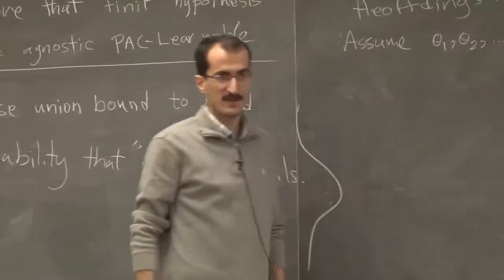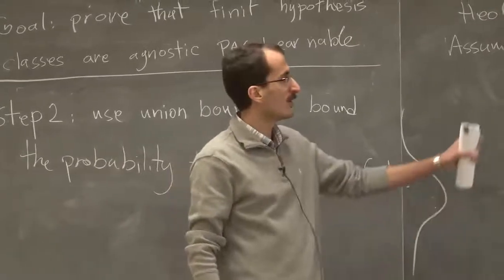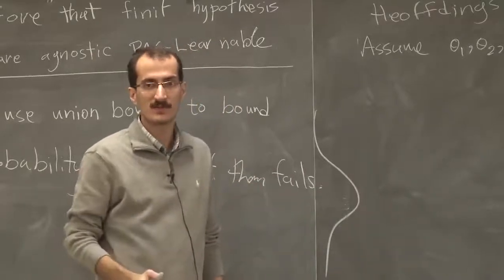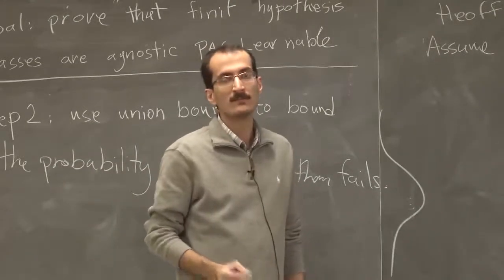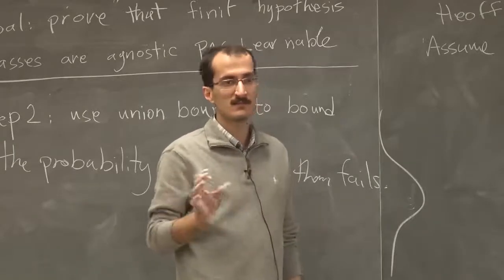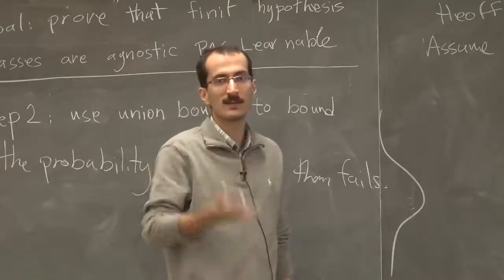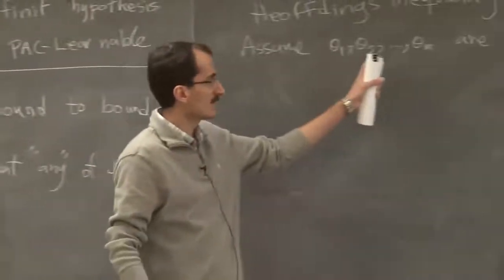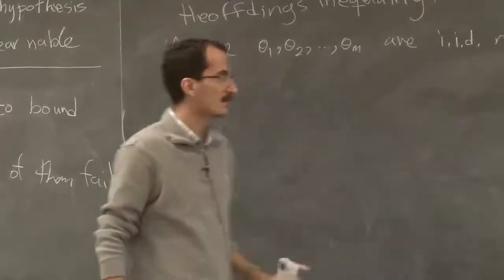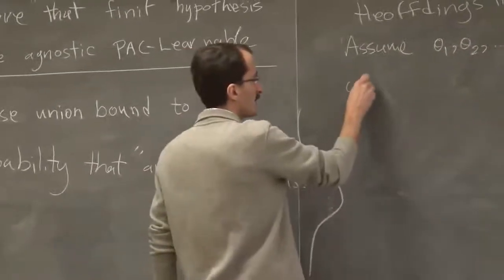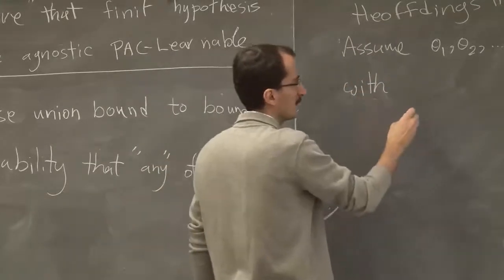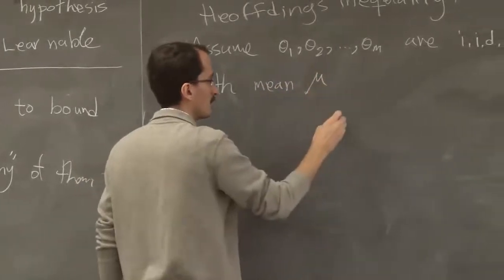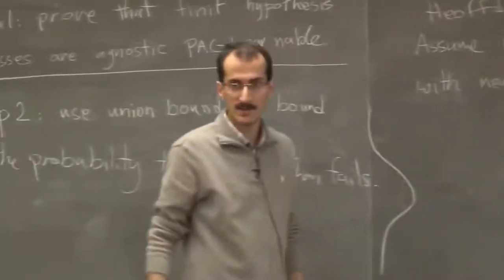Let's assume that we have some IID random variables. They could be the result of coin flips, sometimes heads, or a more continuous version, the height of different buildings, or different things. The important thing is that they are IID from the same distribution. So because they are IID, they have the same mean.